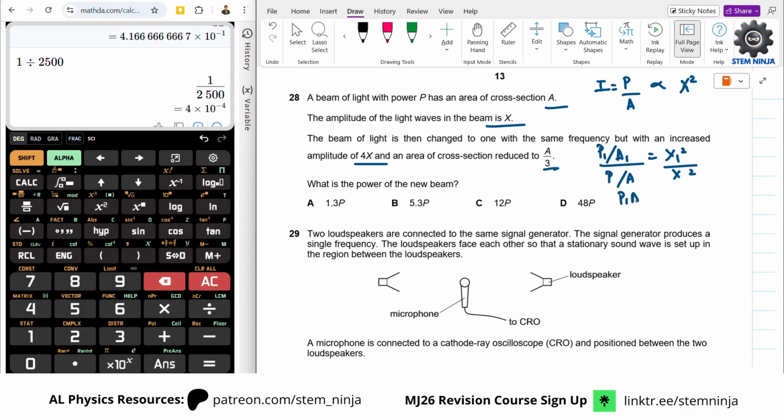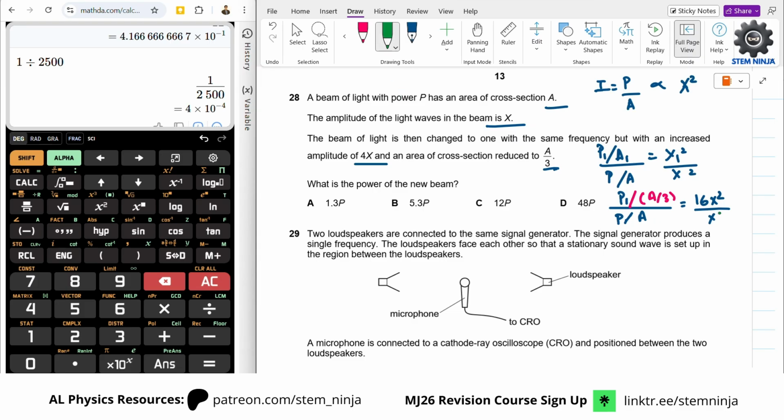So this is divided by A over 3, and the other is divided by A, and the amplitude is 4x, so this is going to be 16x squared over x squared.